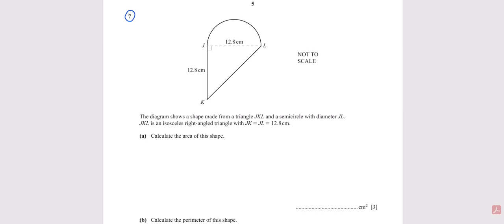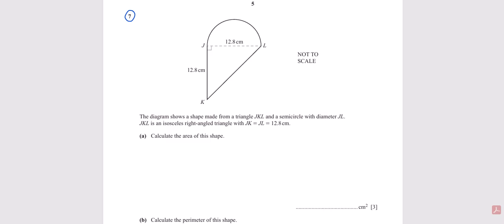Question number 7. The diagram shows a shape made from a triangle JKL and a semicircle with diameter JL.